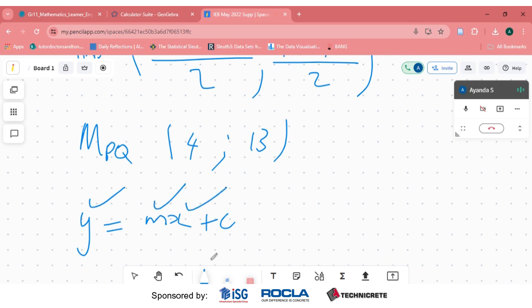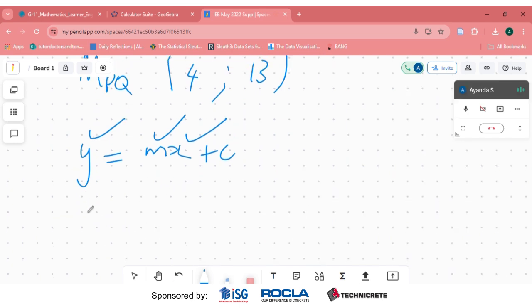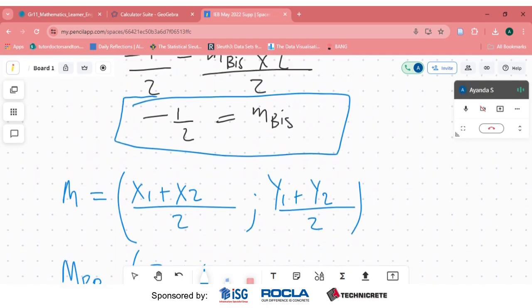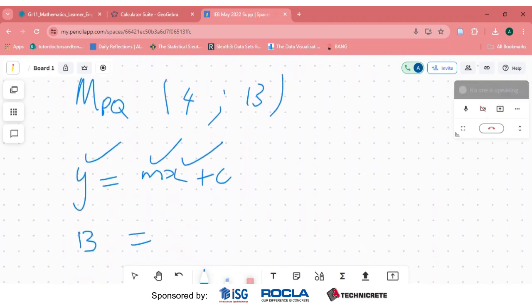All we're missing is the constant. So we can substitute 13 into y. We can substitute negative a half into m. So that's negative a half. We can substitute 4 into x plus c.